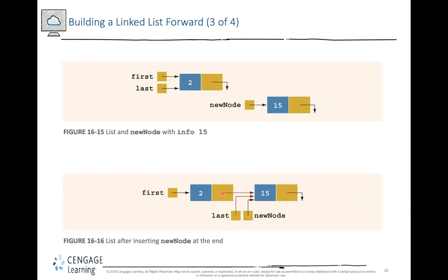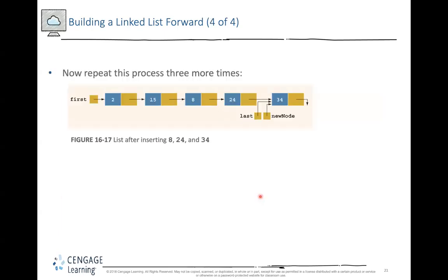And then the last pointer needs to point to that new node, which is now the new last node. So you repeat for every one of those values. Now you have a linked list, and at the very end it looks just like this. The last pointer points to the very last node.